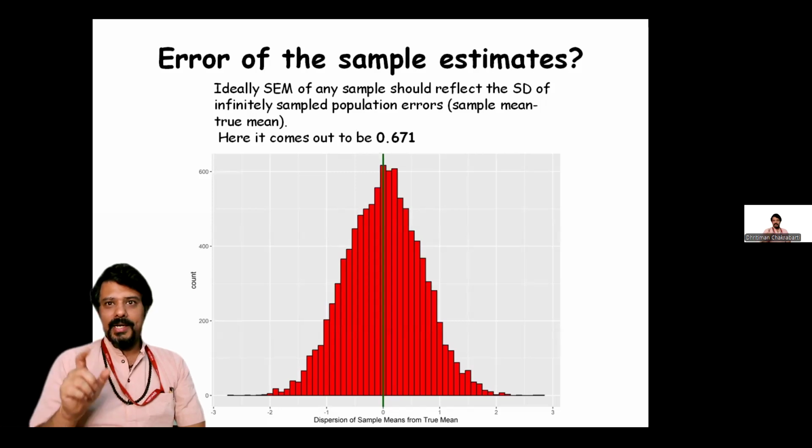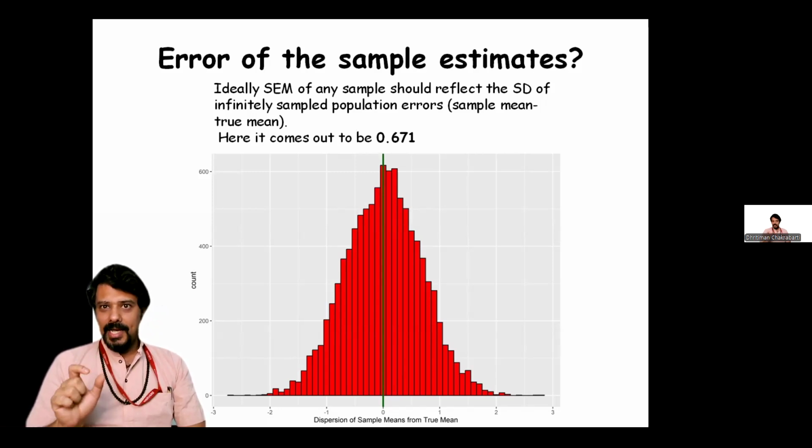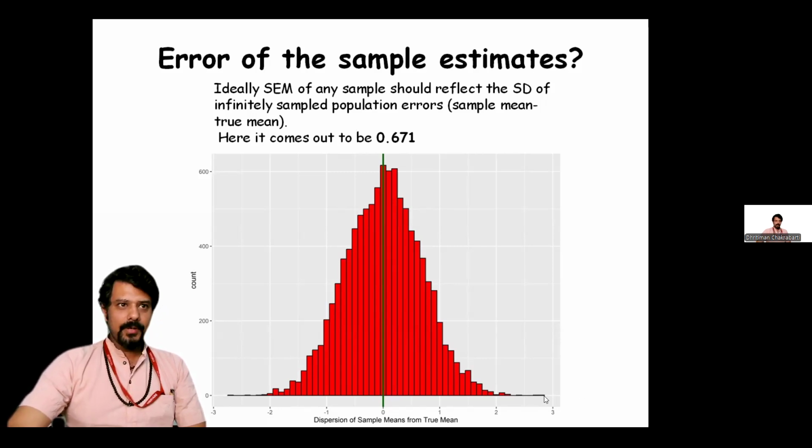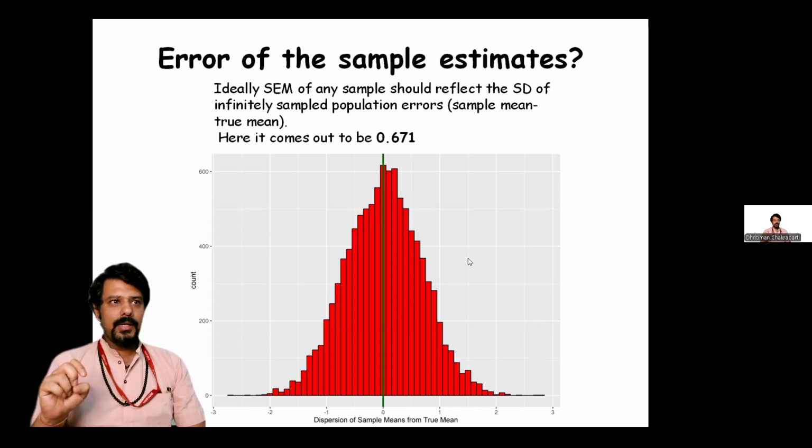I have quantified that difference from the true estimate as a measure of dispersion, and that error has been plotted as a histogram in this plot. If you were completely accurate, the difference should be exactly equal to 0. That is what the green line here is, and you see that the errors are also distributed around that 0, ranging from around minus 2 point something to plus 2.9 maybe, in centimeters.